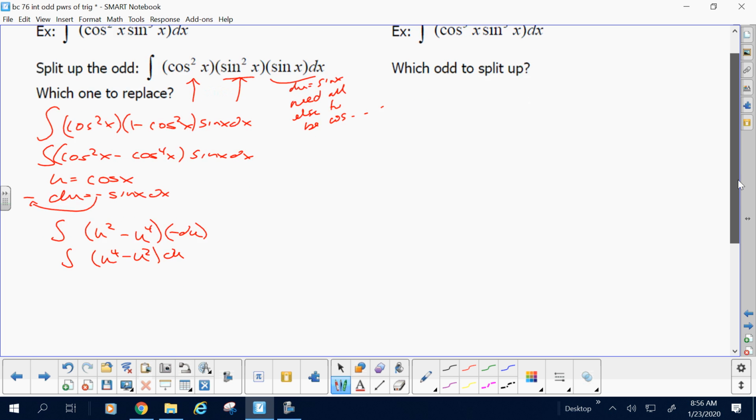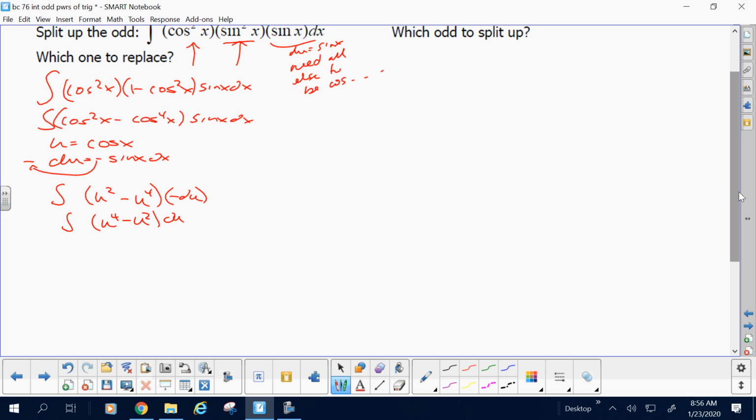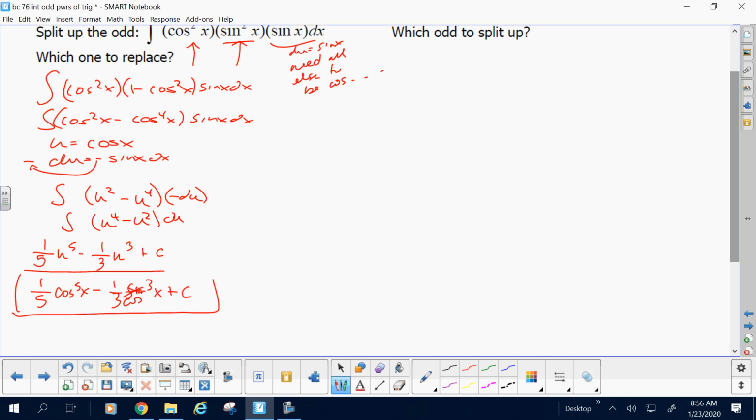What is the antiderivative? 1/5 u to the 5th minus 1/3 u cubed plus c, and therefore 1/5 cosine to the 5th minus 1/3 cosine cubed plus c, not sine, cosine. There you go. All right, are you with me?